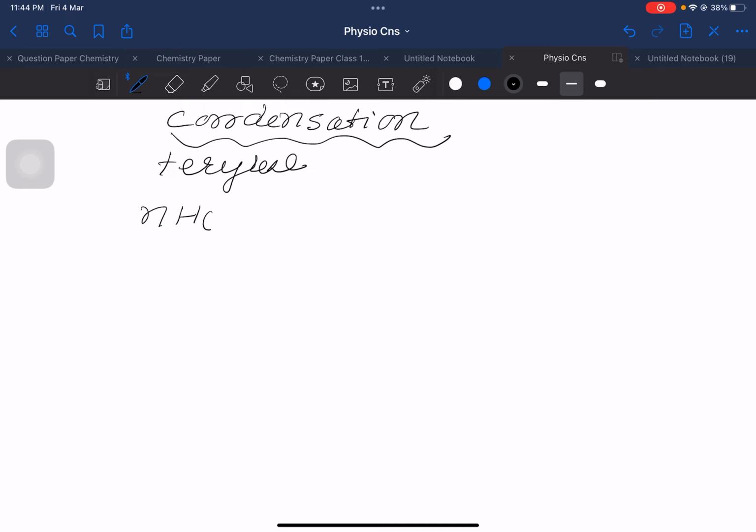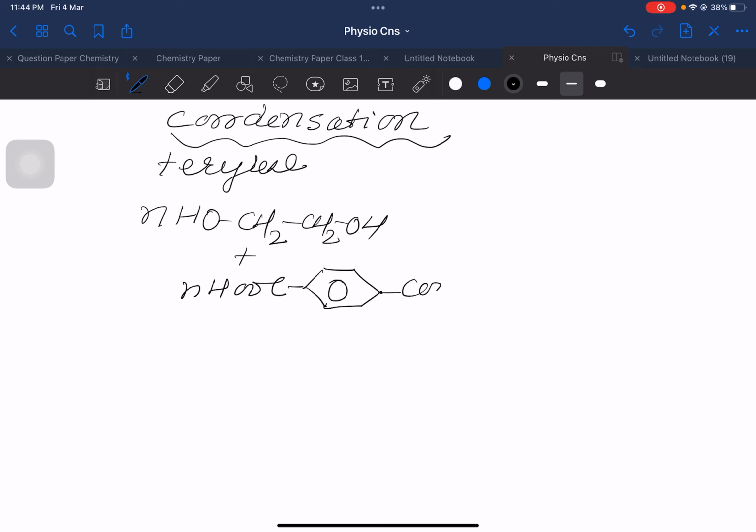Ethylene glycol and terephthalic acid. This is terephthalic acid. It loses a water molecule and gives a product.